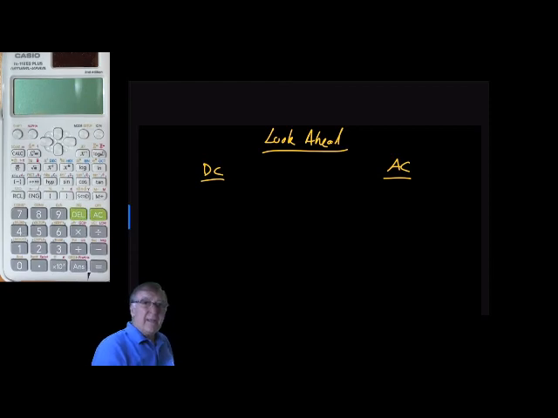Now I'd like to do a look ahead to what we'll be looking at shortly. As you know, we have AC, DC, we have E over I R. In AC, it's V, the vector voltage, which is current times the impedance.